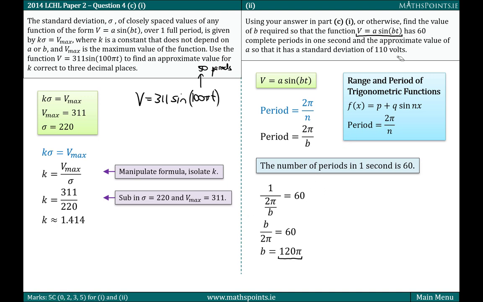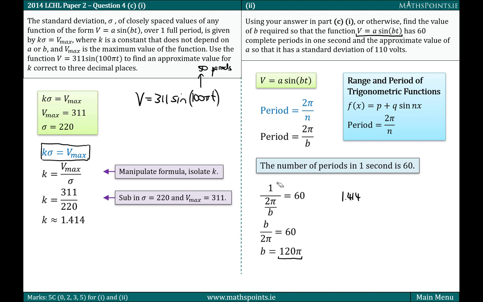And the next thing is we want to find obviously the a value. And so we're going to use this formula here: k by the standard deviation is equal to the a max. Well, k is always 1.414. We've established that for this type of sine function. So the constant is 1.414. We worked it out in the last one, but it's always true for all sine functions. It tells us that in the question.